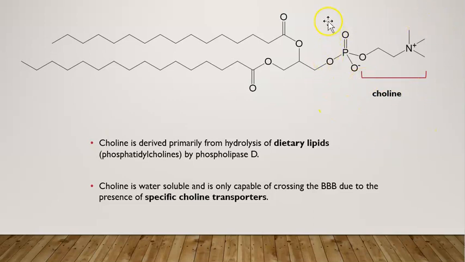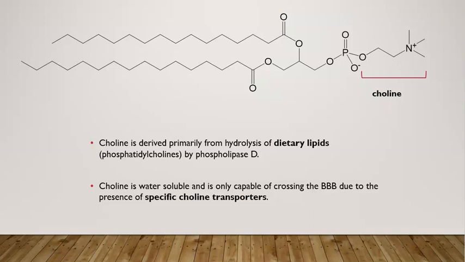Obviously, that means it has to be cleaved from these lipids, because the lipids are not water-soluble. So the choline is cleaved off of the dietary lipids, and the choline can then cross the blood-brain barrier using specific choline transporters.